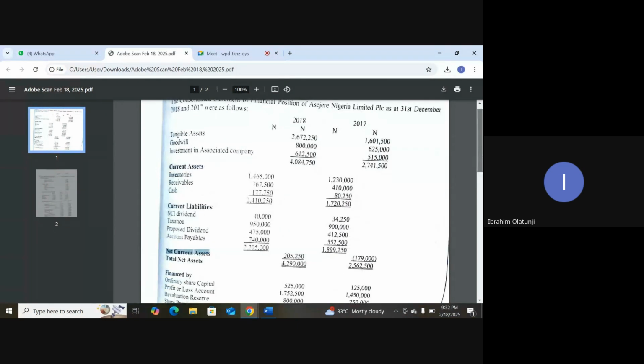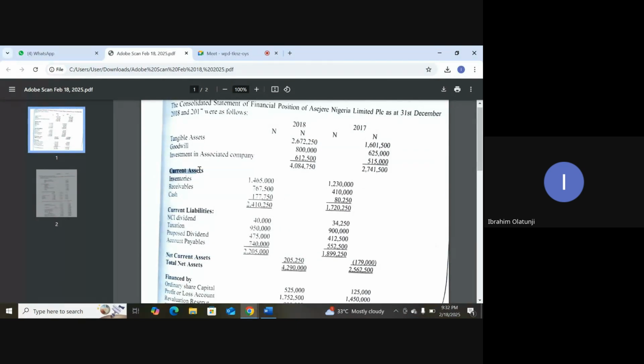So I have to do movement of inventories and movement of receivables, but I will not do movement for cash because it's not going to be part of it.